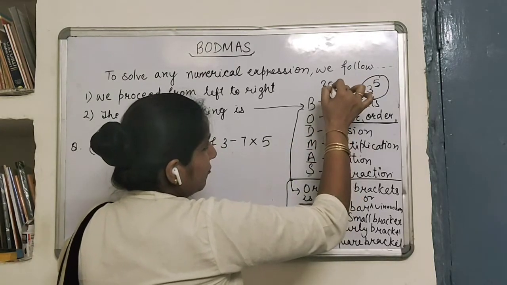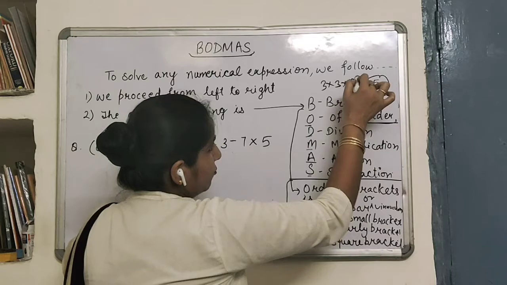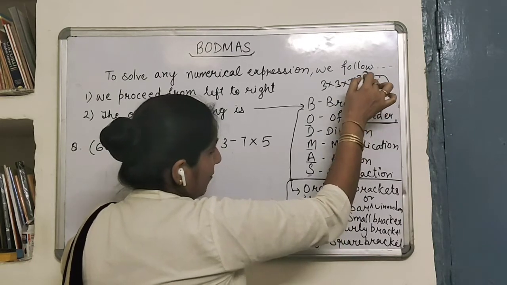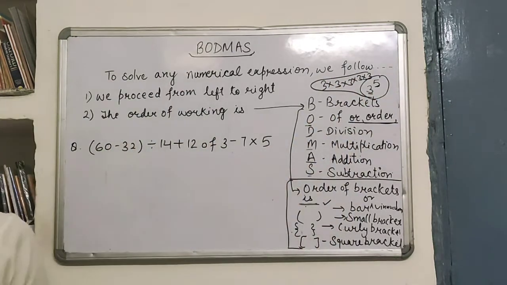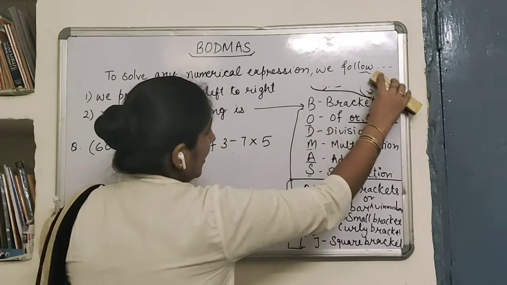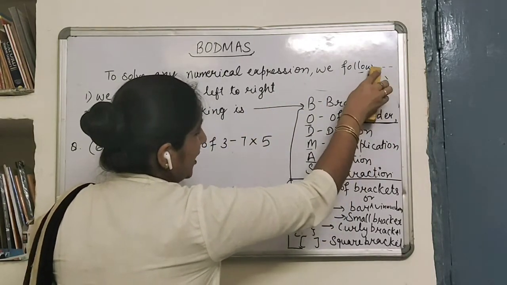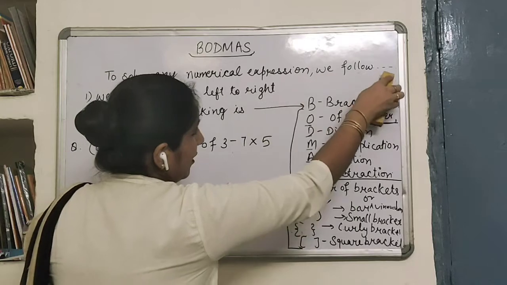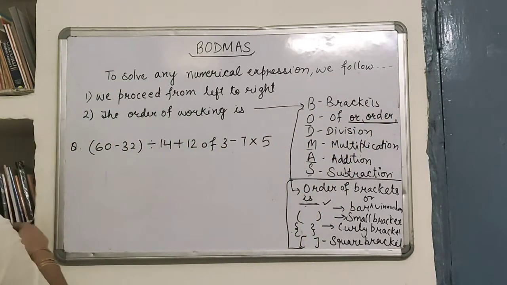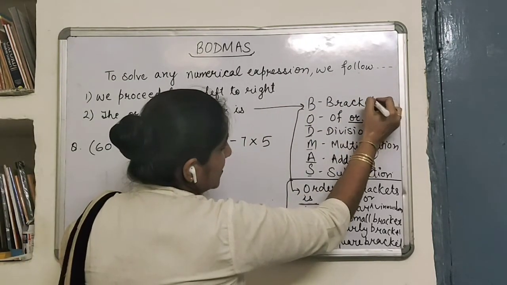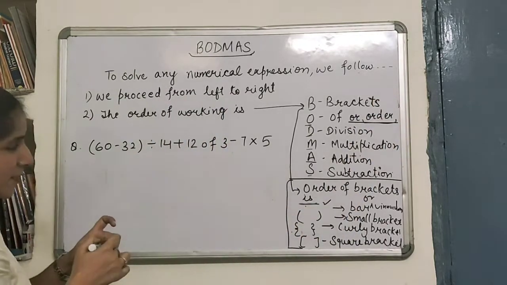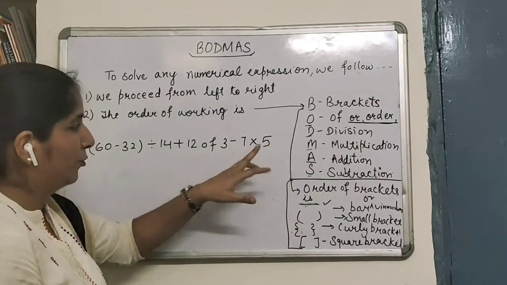What does it mean? 3 into 3 into 3 into 3 into 3, 5 times. But this type of question you will not get in your class. So that's why we cannot change it into multiplication. Exponents you will do in senior classes. So this is of, as I told you the meaning.